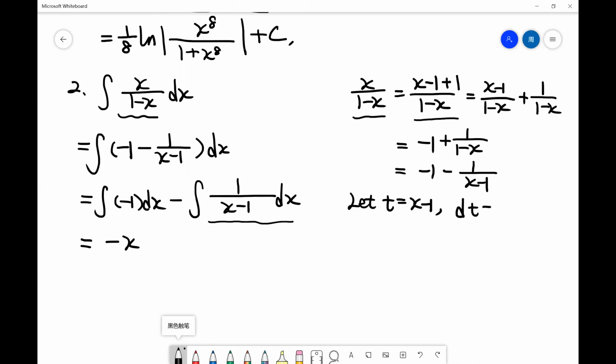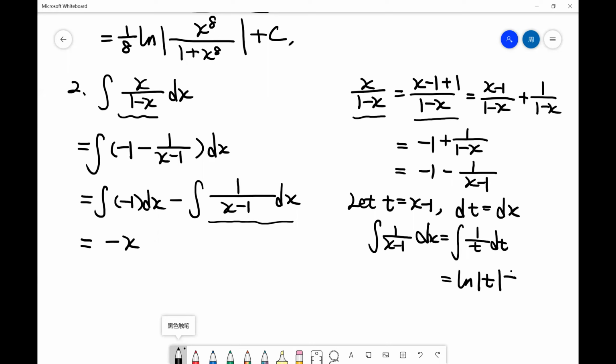So dt equals dx. Here we know that the integral of 1 by x minus 1 dx equals the integral of 1 by t dt. So that equals ln absolute value of t. Don't forget to plus c here. Don't forget it. So that equals ln absolute value of x minus 1 plus c here.